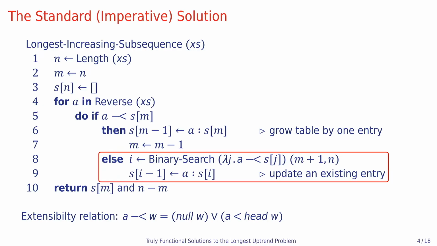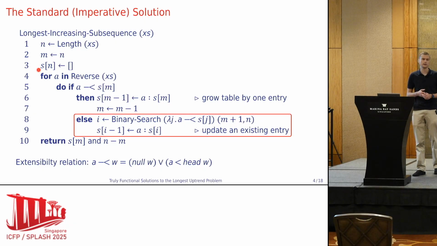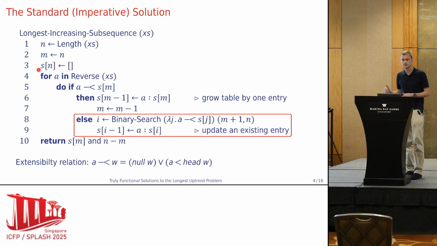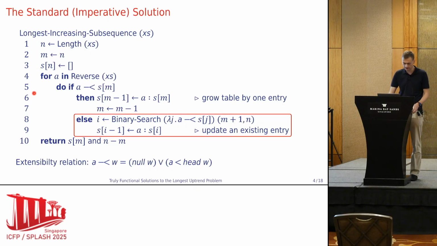The main idea is that we have an array, here called S. In the array S, at index I, we store an upsequence that has length n minus I. So you see at the end, we return Sm, and the length is n minus m.